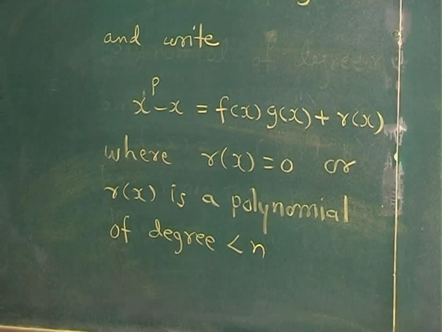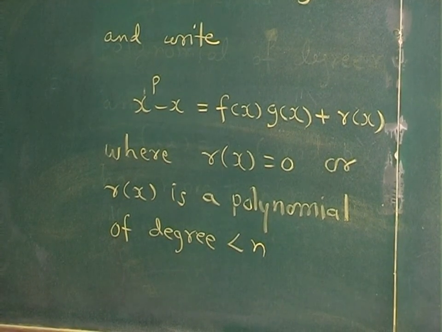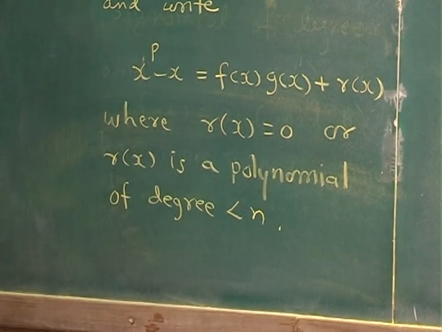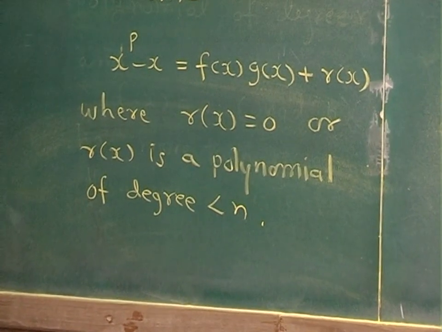Either it is the zero polynomial or it's a polynomial with integer coefficients of degree less than n. n is the degree of f(x).